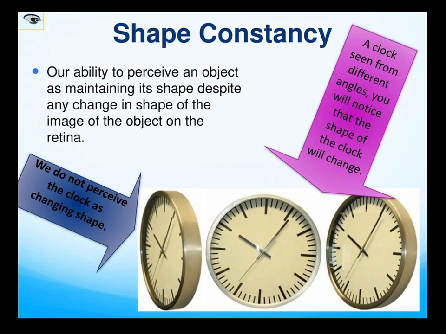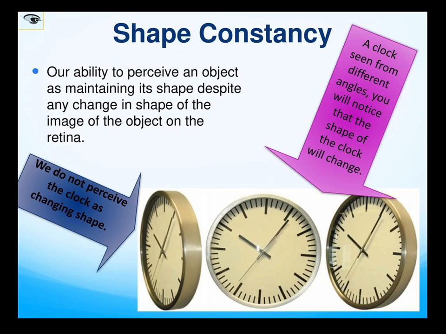But we are not going to perceive the clock as actually changing its shape. It's not like, because I'm seeing the clock from sideways, the clock has suddenly changed its shape. No, it's not that. The fact remains the same, and your perception will remain relatively unchanged.